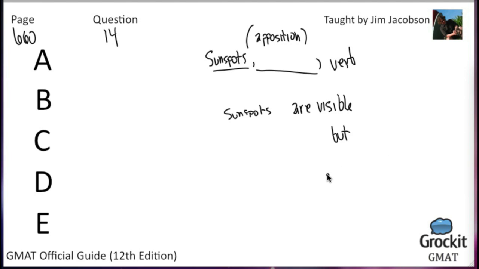Like "roses are red, but violets are blue." There we would join two independent clauses. Joining just two verb phrases would be "roses are red, but have thorns that hurt." Sorry, I gave a subject in there. There we're joining two verb phrases. So "sunspots are visible, but have never been sighted." And so this so far is okay for choice A.